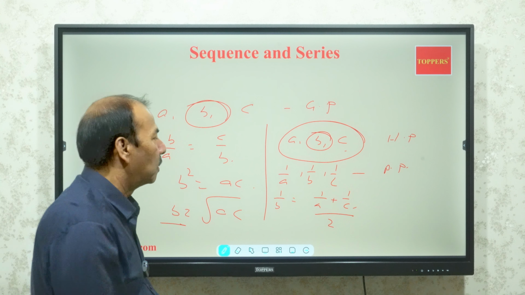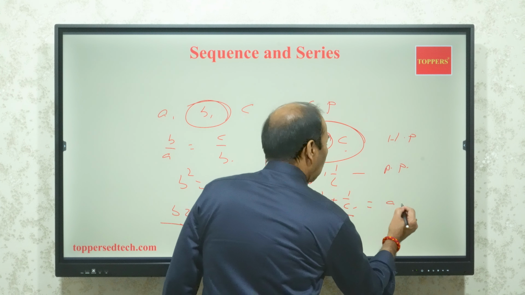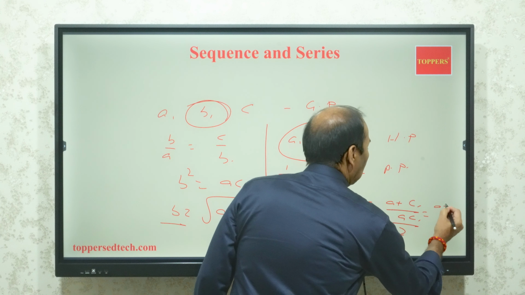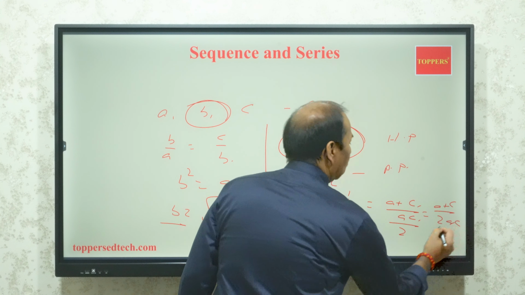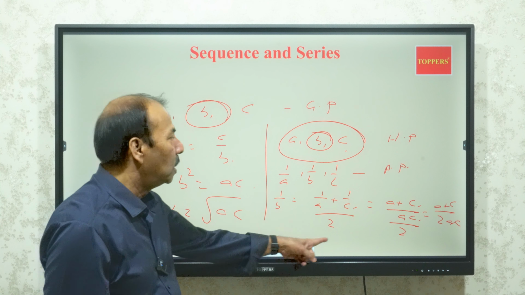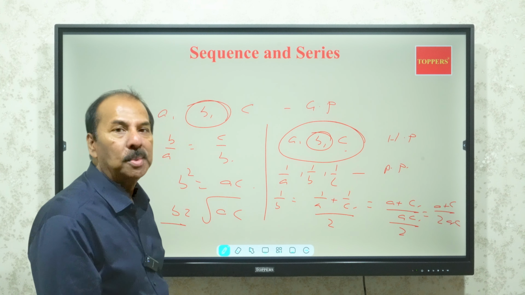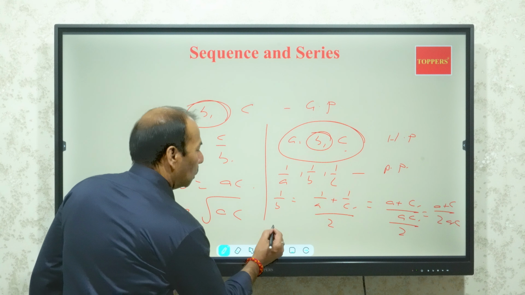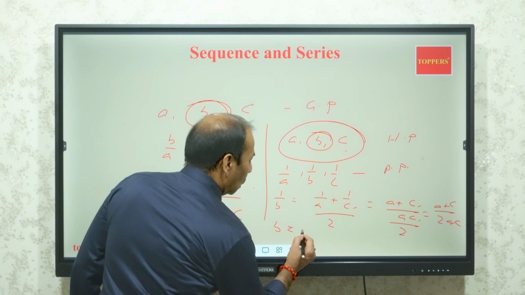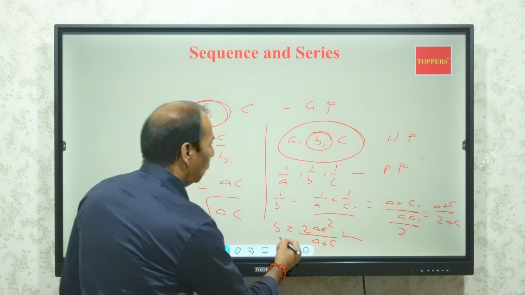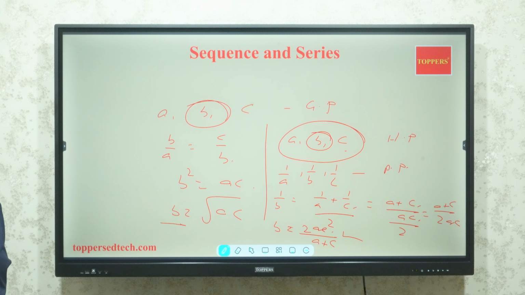Now again simplifying. So this gives you A plus C upon AC divided by 2, which makes it A plus C upon twice of AC. So 1 upon B is equal to A plus C upon twice of AC, but we need the value of this B. So take the reciprocal, and B is equal to twice of AC upon A plus C. So that way we calculate the value of the harmonic mean.